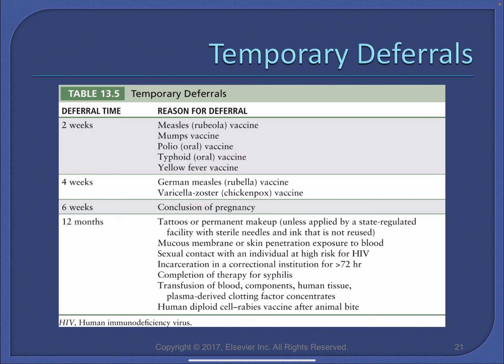12 months after tattoos or permanent makeup, skin penetration, exposure to blood, sexual contact with an individual high risk for HIV, incarceration in a correctional institution for more than 72 hours, completion of therapy for syphilis, 12 months for a transfusion of blood components, human tissue, plasma-derived clotting factor concentrates, and human diploid cell rabies vaccine.